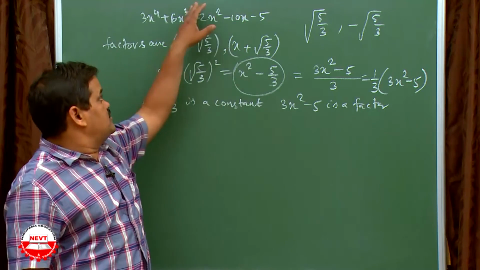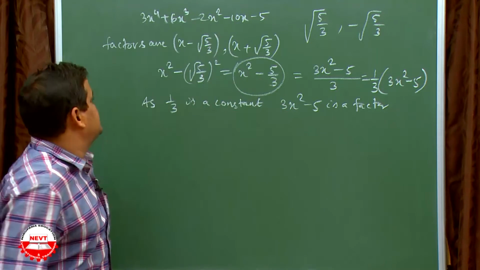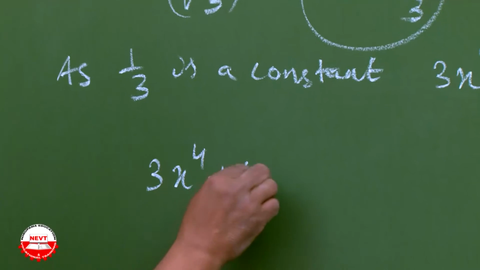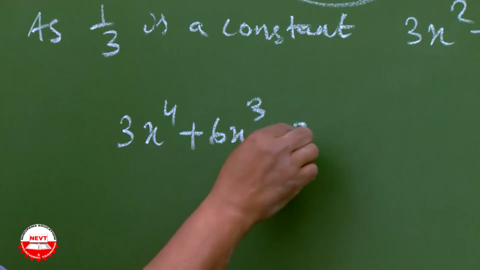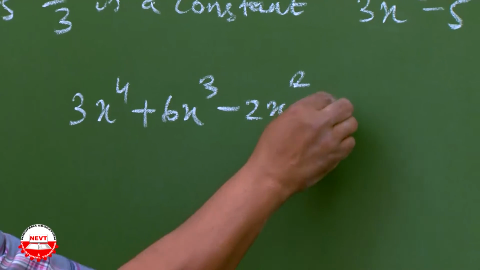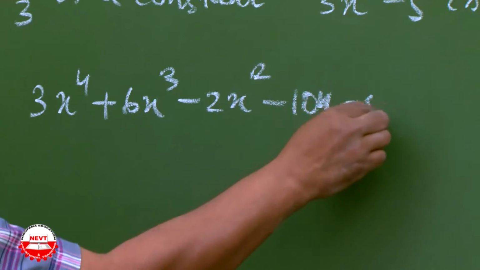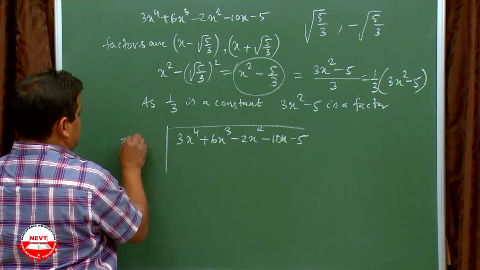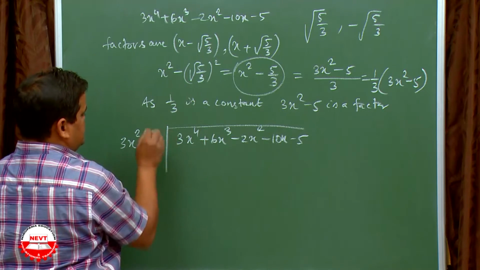Now you do long division with this. That means 3x⁴ + 6x³ − 2x² − 10x − 5, long division with 3x² − 5. Okay.